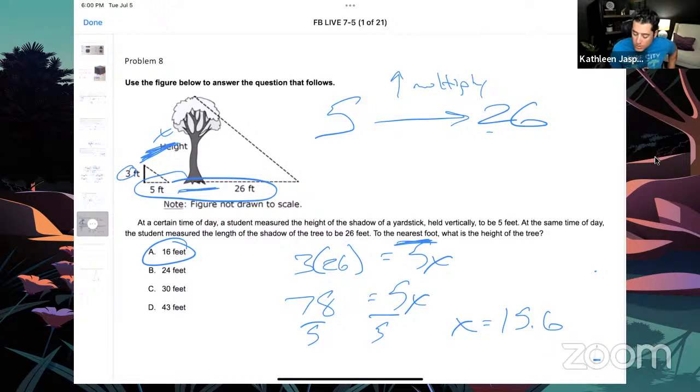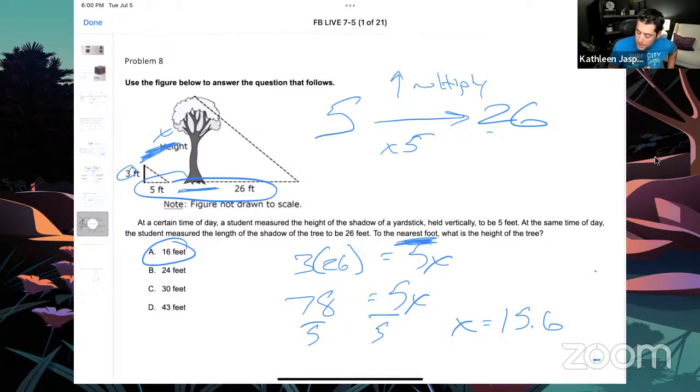So what can I multiply by 5 to get to 26? Well, if we are estimating, nearest foot, and I'm telling you, try to use estimation, 5 times 5 gets me to 25, and 5 times 6 gets me to 30. So it's roughly times 5.